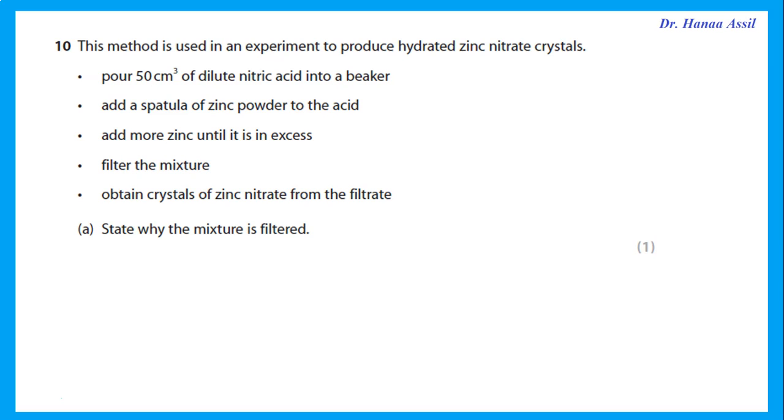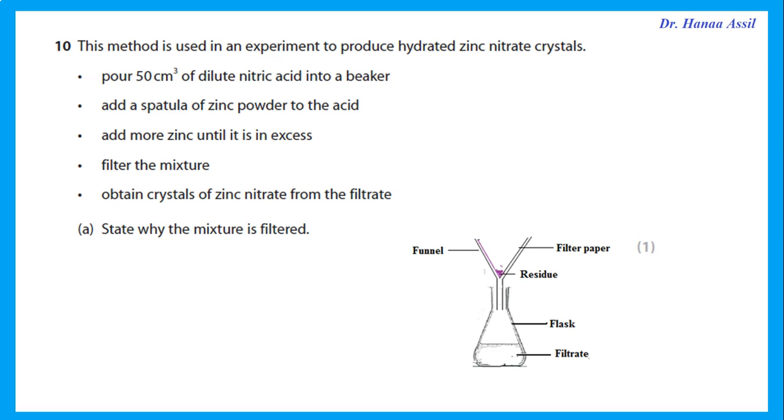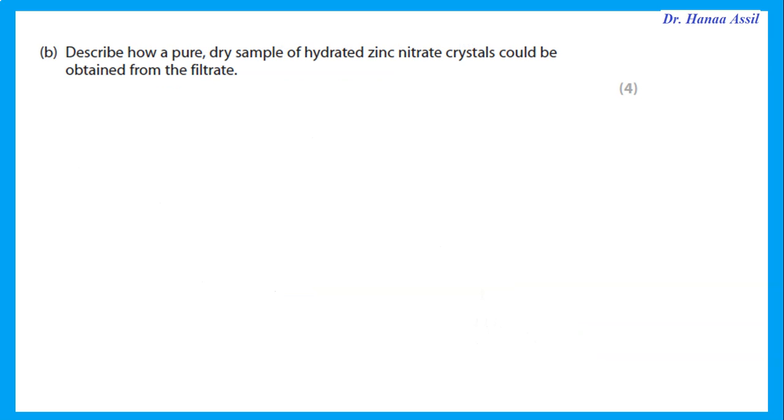So, first of all, why are we filtering? Remember, we added excess zinc, so we're trying to get rid of the excess zinc. So we're filtering to remove the excess zinc, which would be collected as a residue in the filter paper. And then we're going to take the filtrate.